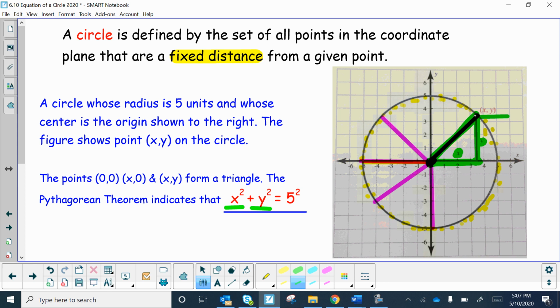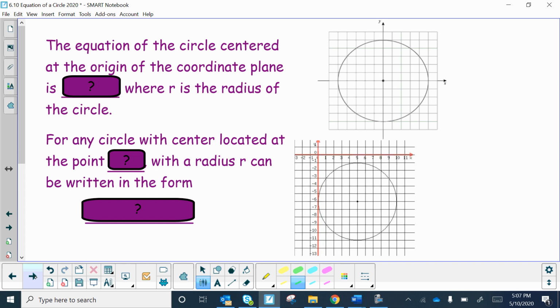So let's investigate it a little bit more. Over here, it says the equation of a circle that is centered at the origin. This is the center of the circle, and it's at the origin. There's only one way to write equations for these, and these are real easy. If it's centered at the origin, it's always going to be x squared plus y squared equals r squared, and r is always going to represent the radius. Here's the origin. The radius you can always get from looking at the coordinates.